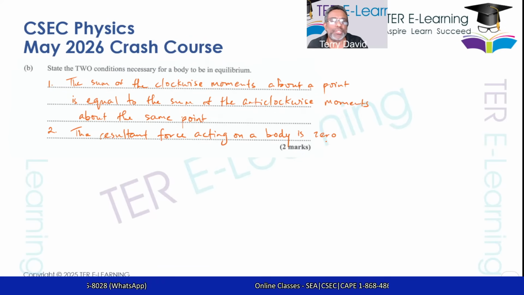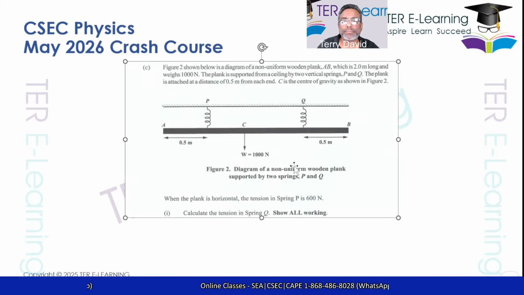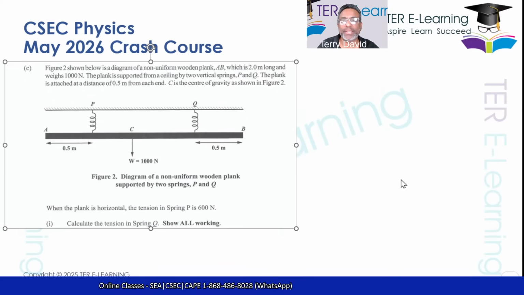So these are the two conditions for equilibrium. All right, now let's see this difficult question that CSEC brought here for the students. Some of you may get lost, so try your best to pay attention.